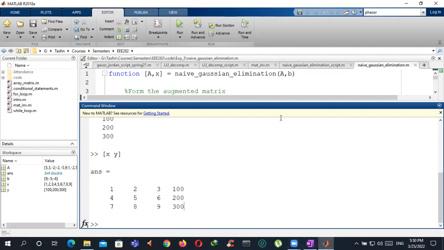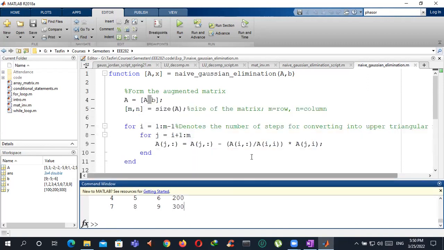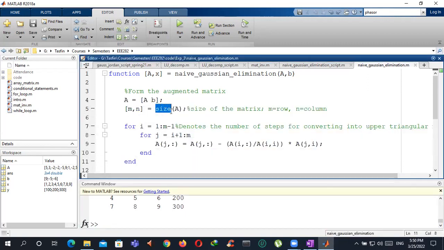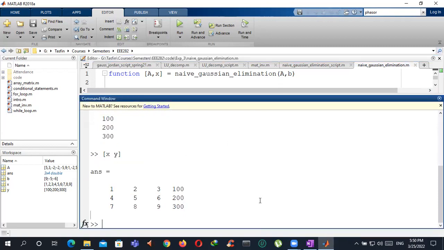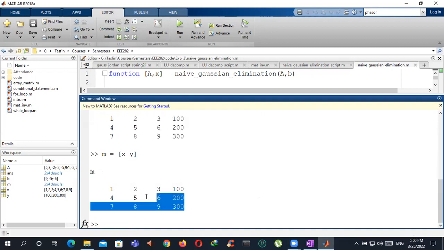So this is the thing we are doing here, and then we are calling the size function. The size function gives the rows and columns. Let me save it in some matrix M. So this is our M matrix, and we can see the M matrix has 3 rows and 4 columns, right? 1, 2, 3, 4 columns.